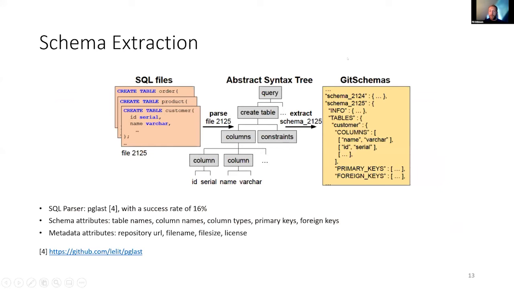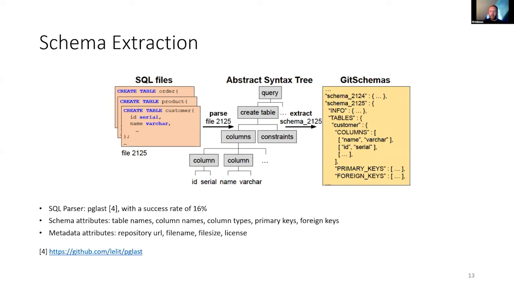So why do we only end up with 50,000 schemas? We took the following approach. We take the SQL files and then use a standard SQL parser. We tried out different implementations of SQL parsers which were readily available in Python, and pglast, which is basically the standard implementation of the PostgreSQL parser, had the highest success rate on the files.